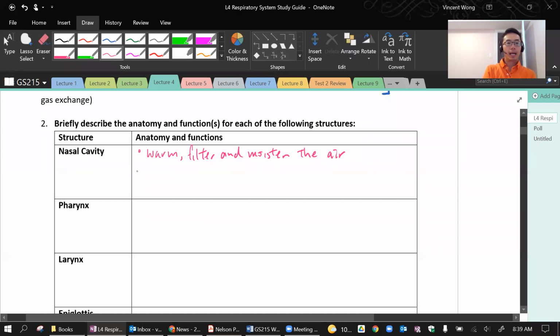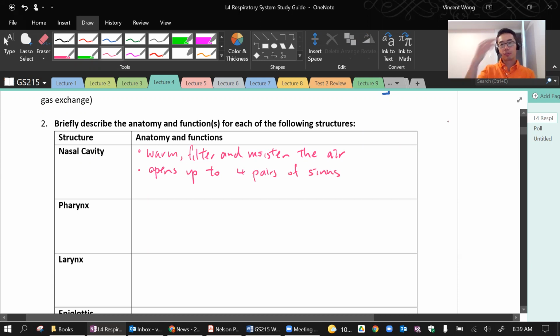And it opens up to sinuses. I'm not sure what the plural of sinus is, I'm just gonna say 4 pairs of sinus.